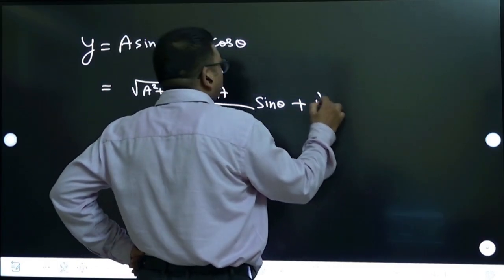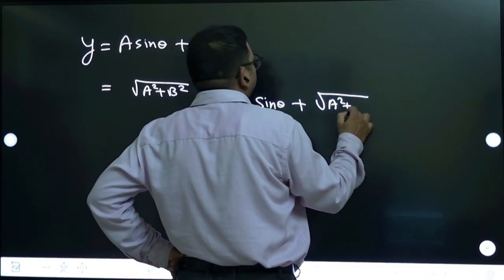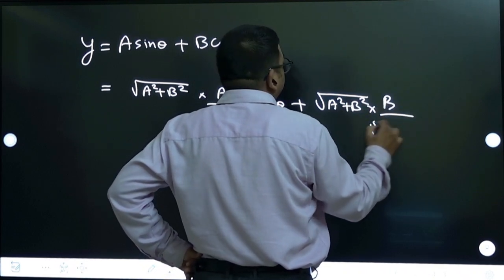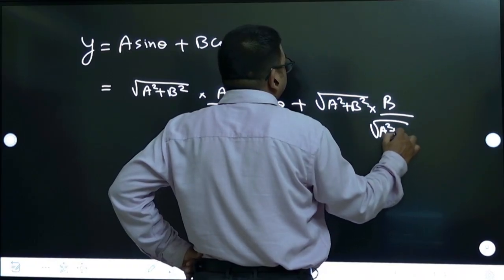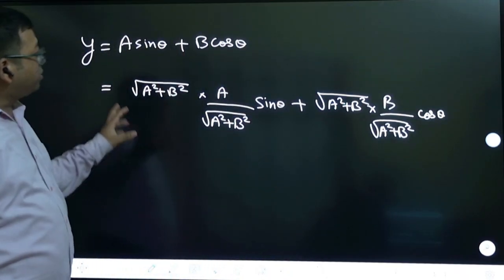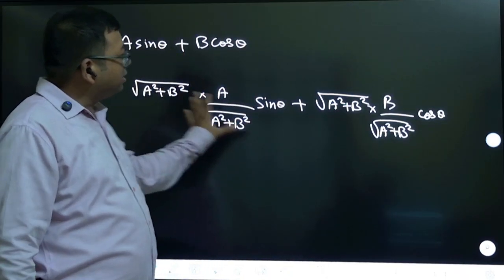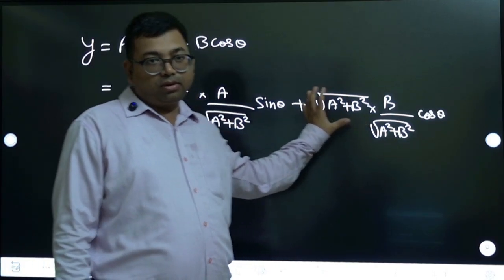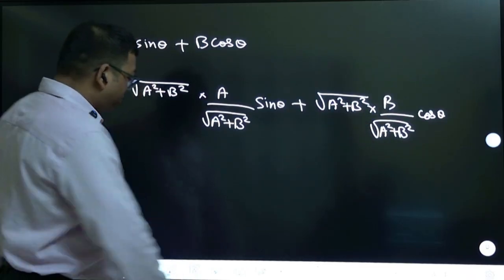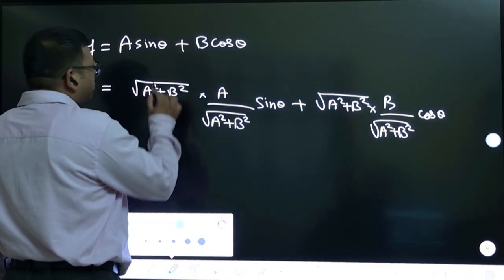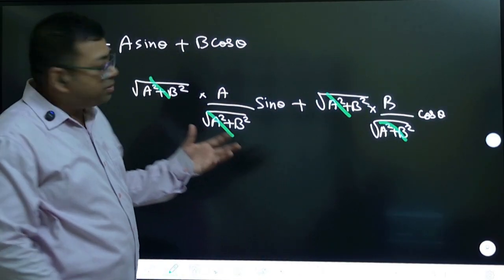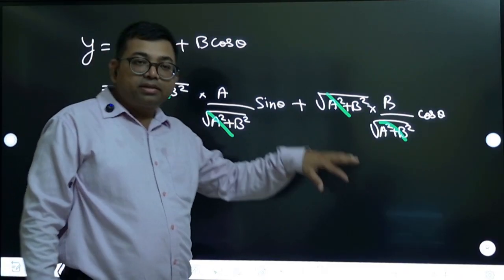Plus here also I will do the same thing. I will multiply and I will divide root a square plus b square into b cos theta. We can do it like this because no effect will happen. This will cancel out, this will cancel out. Okay, this will remain a sin theta, that will remain b cos theta, because these two terms are going to be cancelled anyway, right? So what we are doing is we are multiplying and dividing by this term only.